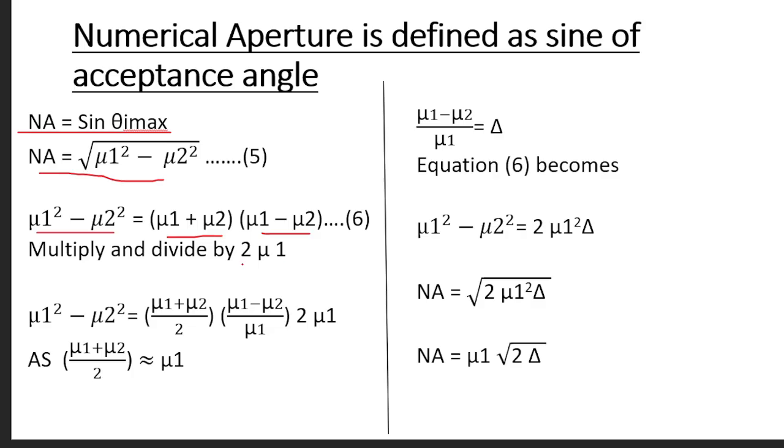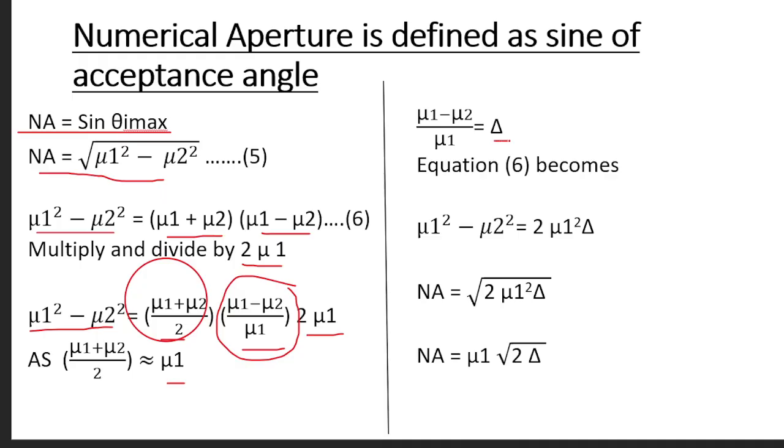Multiply and divide equation 6 by 2 mu1. We can write the above equation as mu1 square minus mu2 square equals mu1 plus mu2 divided by 2, and mu1 minus mu2 divided by mu1, multiplied by 2 mu1. Replace this value, mu1 plus mu2 divided by 2, by mu1, and the second part, mu1 minus mu2 divided by mu1, by del.